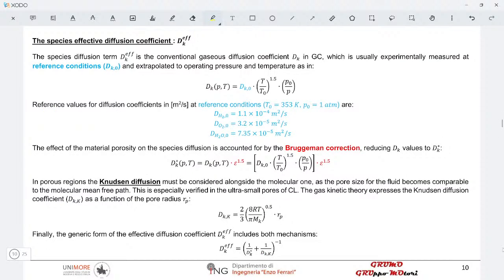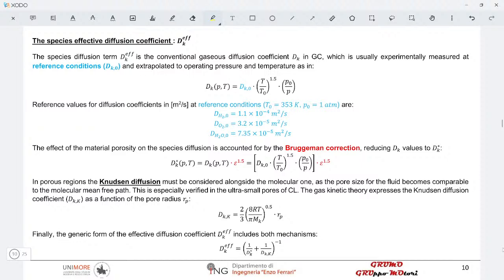Now, the diffusion coefficient, or the diffusivity coefficient, is just a property of that species, of that fluid, that describes the rate of diffusion that is at the basis of the diffusion process. So imagine that you have a local source of that species k, like a local injector.